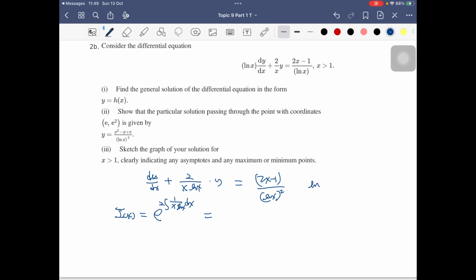Let u be ln x, then du over dx is 1 over x, so dx is x du.